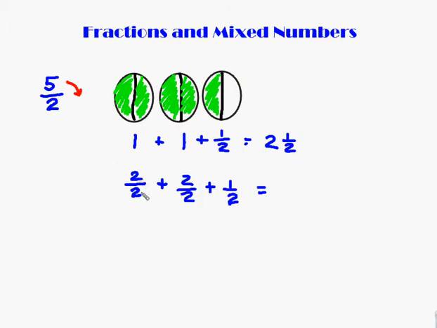Remember, when we add fractions, 2 plus 2 plus 1 is 5, and the denominator stays the same, 5 halves. Just like the 5 halves we have right here. 5 halves is the same as 2 and 1 half. And here's what it looks like as a picture.